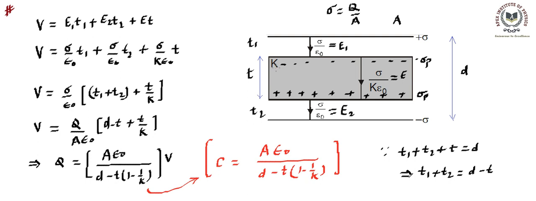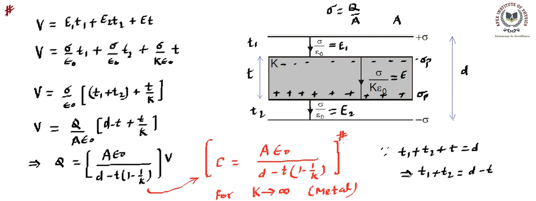If we place K as infinite, then we are going to get D minus T. That means if it is said that this is made of a metal instead of dielectric, then the formula will become A epsilon naught by D minus T. That means K we need to place at infinity in case of metal placed inside the capacitor. And if any dielectric is there, then we can use this formula A epsilon naught upon D minus T in bracket 1 minus 1 upon K.